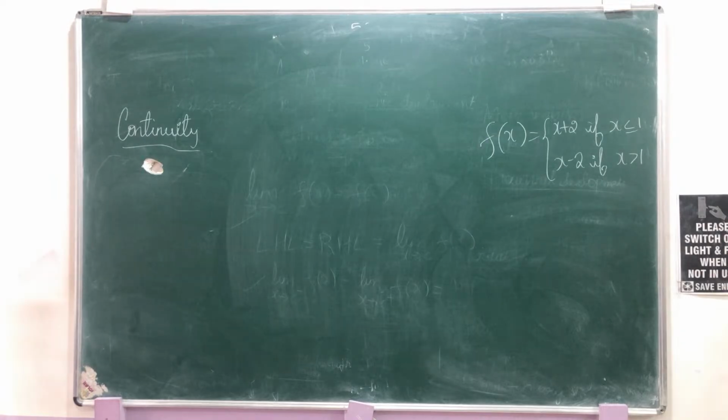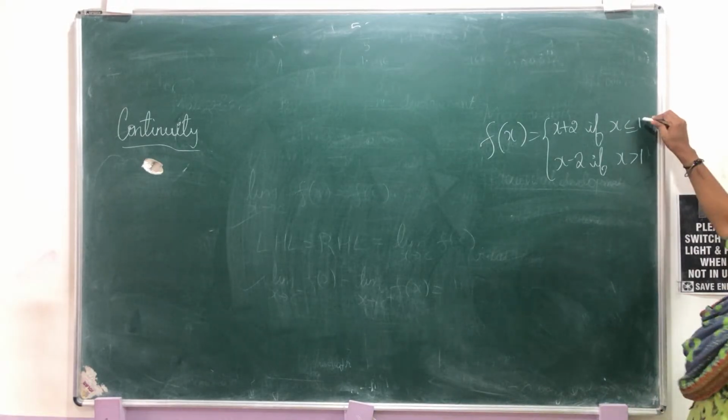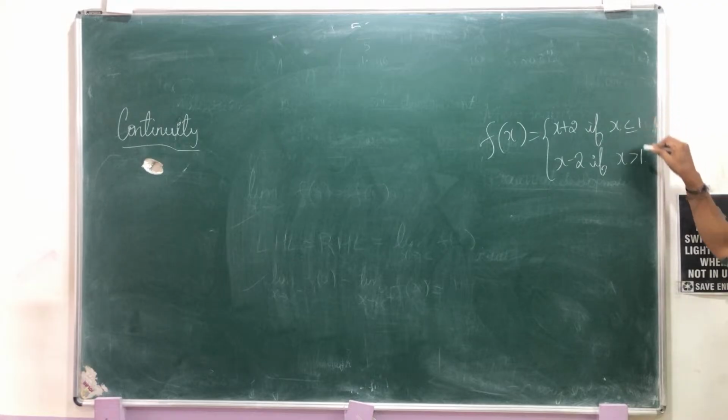When a function is said to be continuous, wait, let him answer. When a function is said to be continuous. See, for this particular point, we can consider both left hand as well as right hand. Okay? When we have the function, see, the point is 1 here.